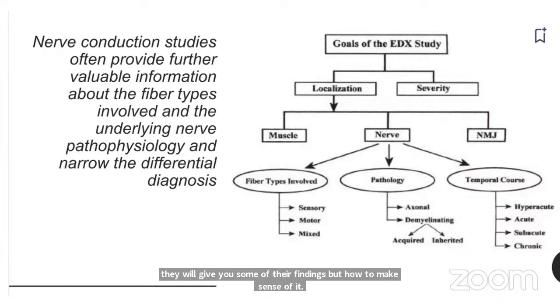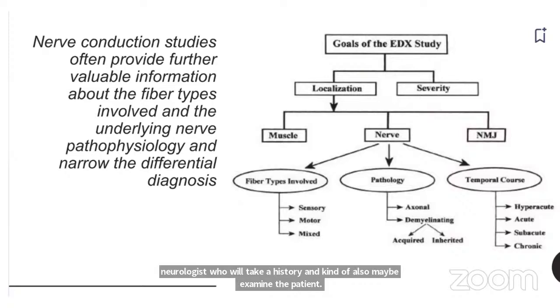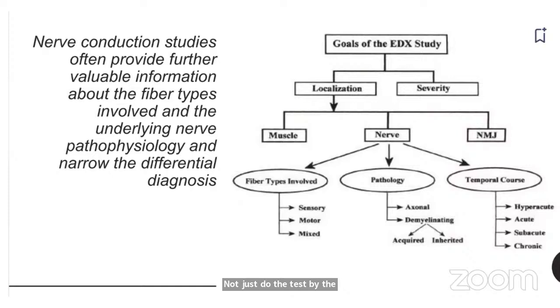Most important is also writing a note to your neurologist about what you are suspecting and what you are looking for, with a very brief history. Also, you need to send it to a neurologist who will take a history and maybe also examine the patient, not just have the test done by a technician and then give a signed report by the neurologist.